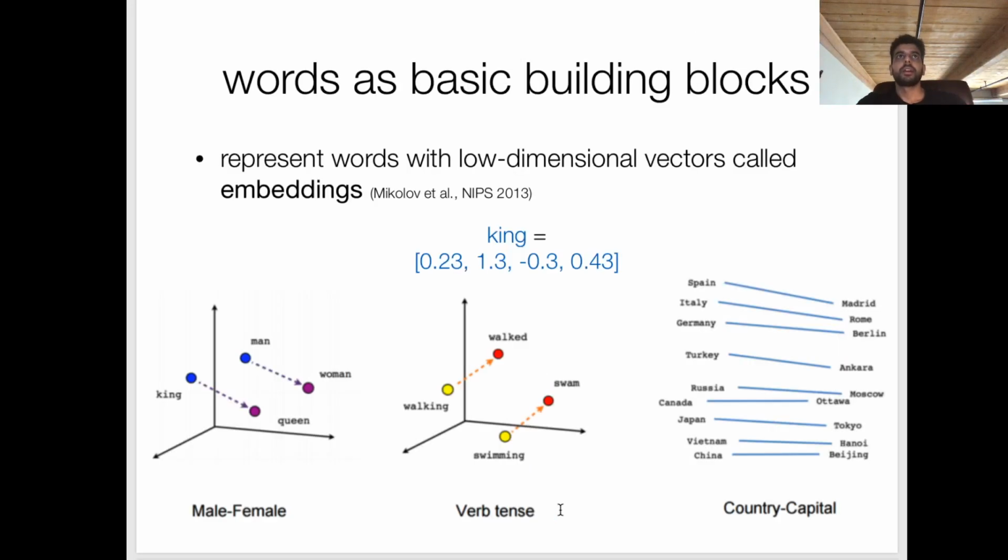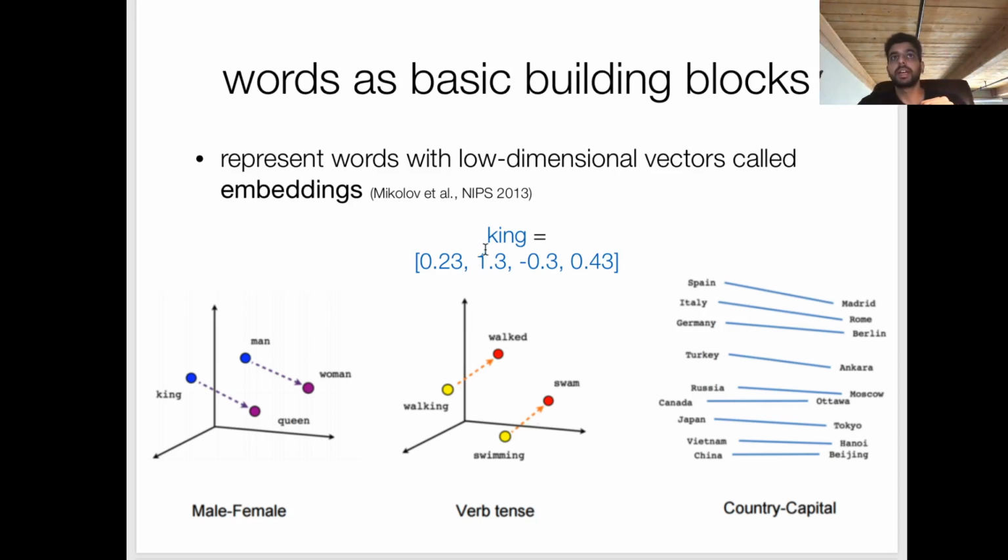Okay. So let's start with words, right? We talked about these one-hot representations, but now we're no longer going to be using those because, as we discussed, they have many issues. So we're instead going to be representing words with low-dimensional vectors called embeddings. And here I should clarify that we are representing word types as vectors. So every word type in your vocabulary is associated with a separate vector.